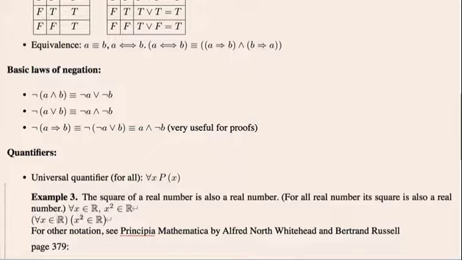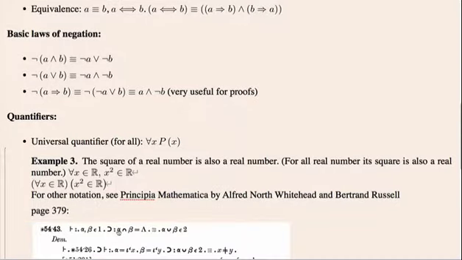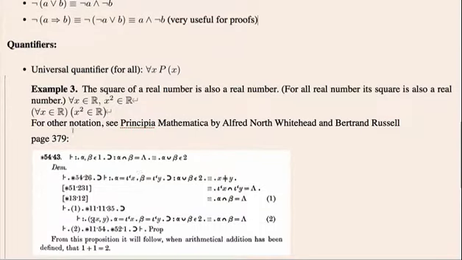Of course, there are different notations in different areas of math, and it's also kind of part of the philosophy of basic logic. For other notation, it's interesting to see the Principia Mathematica by Whitehead and Russell. This is from page 379, where after several hundred pages, they prove that 1 plus 1 equals 2.